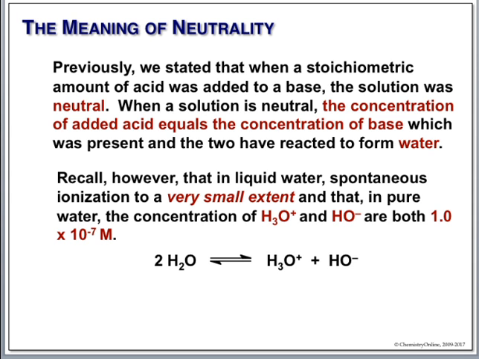That's what we mean by a neutral solution. Water always has hydronium and hydroxide at 10 to the minus 7 molar. Now this is room temperature. That's a neutral solution.